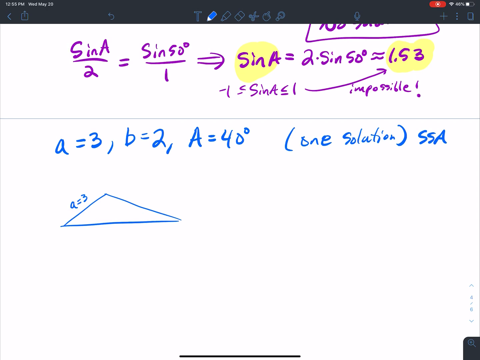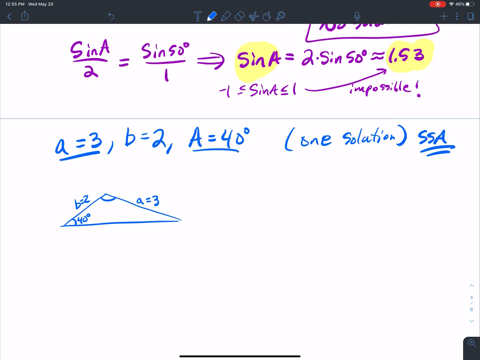I want this to reflect the size. So this a equal to 3, my picture, it's a little bit bigger. So this would be equal to 2. So capital A would be 40 degrees here. So that's that SSA going on.